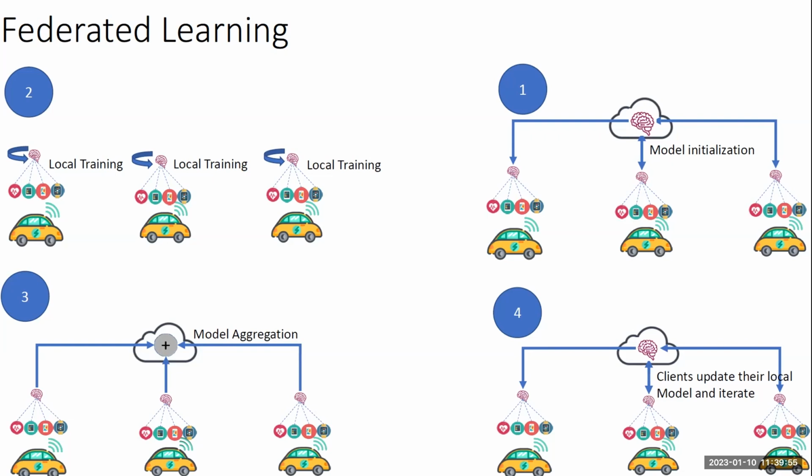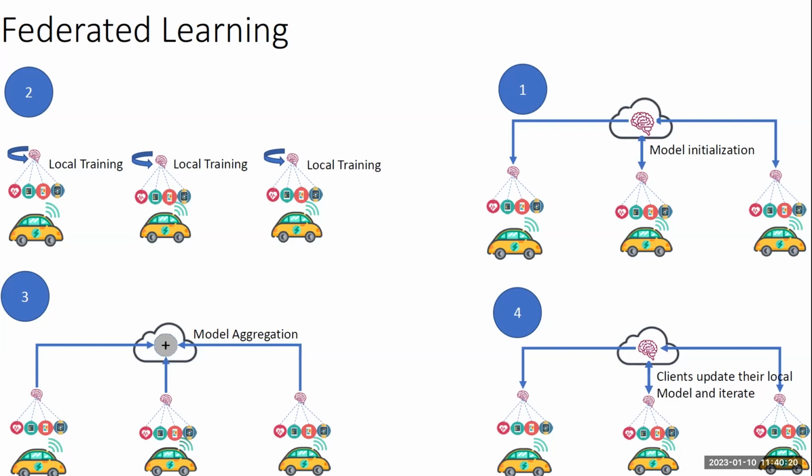You first have a model initialization phase. The server sends an initial model to each client. Clients locally train their model using their local data, and then send these model updates, model parameters, to the central server, which aggregates them and then sends back model updates to the clients, and then this goes on forever, right?